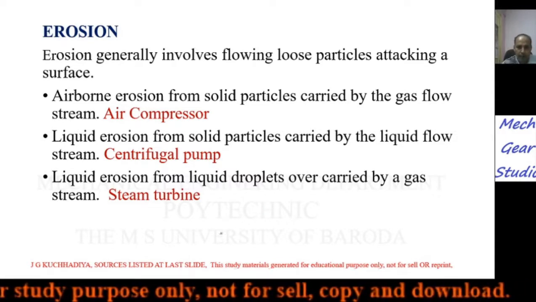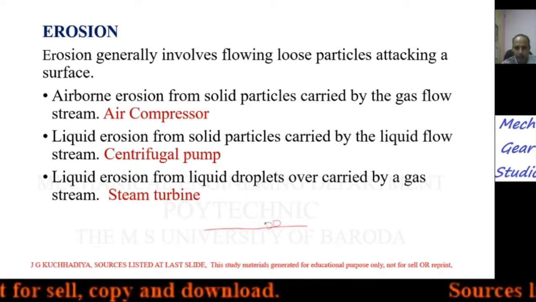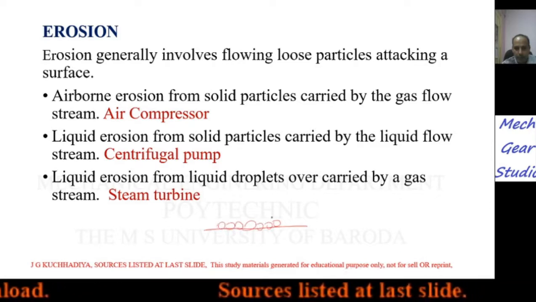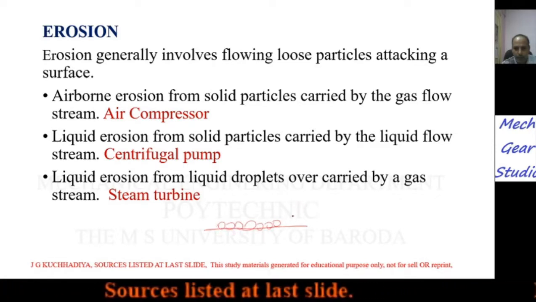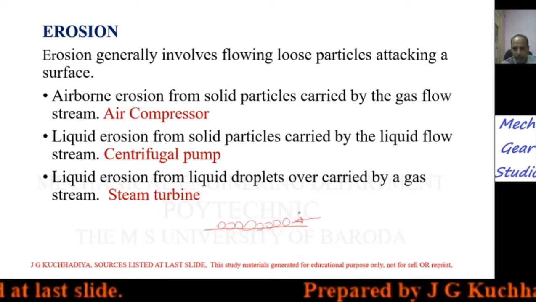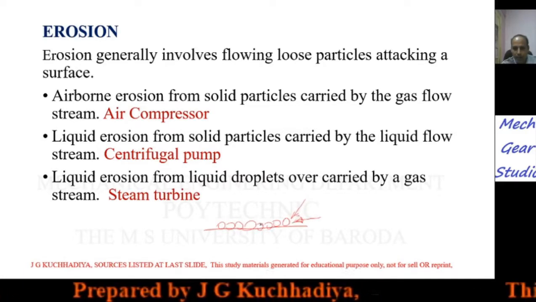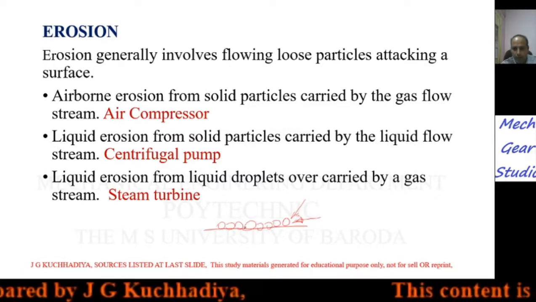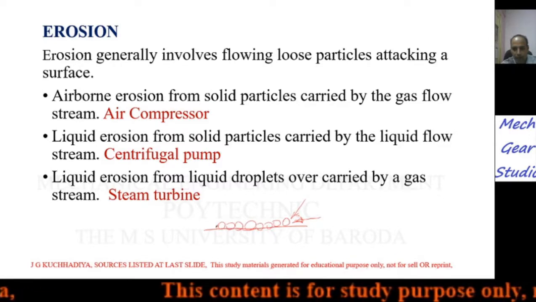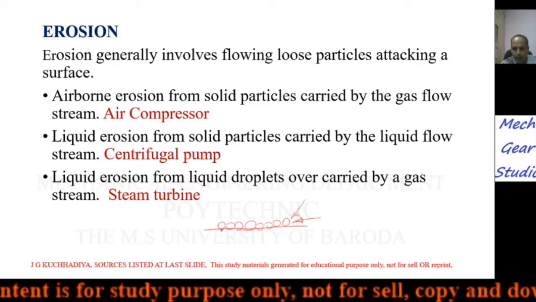If any surface is a metallic surface and some solid is sliding over it with some velocity or with some angle of attack, maybe it is traveling parallel to the surface or maybe attacking the surface at some angle, these small particles strike the surface and remove a few atoms from it.